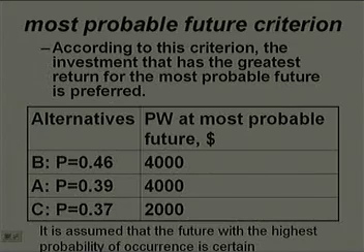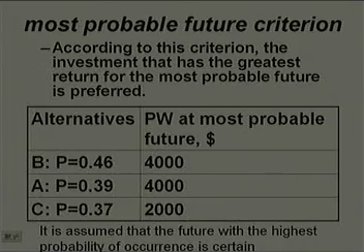Now, most probable future is assumed to be occurring because it has been associated with the maximum probability. So, we are calling that particular return as the most probable future which has got the maximum value of occurrence.